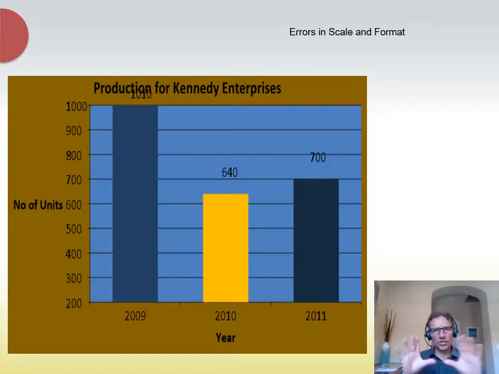So that's issues with scale, and sometimes you might have a bar chart where maybe in 2010 sales were 150 for Kennedy Enterprises. Right now we see that yellow, it was actually 640, but let's assume it was 150. That wouldn't even show on the graphic, right? It'd be below the starting point of 200.